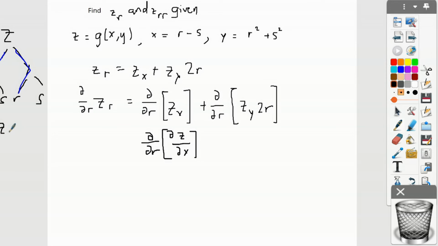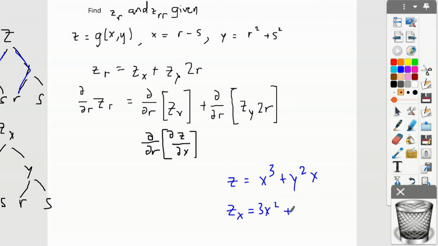So what you actually get is z sub x, and that can be in terms of x and y, and that can be in terms of r, s, like that as well. Right, x and y are definitely in terms of r and s, but z sub x is also in terms of x and y, because when you take the derivative, for example, if z is y squared x, z sub x is 3x squared plus y squared, right?